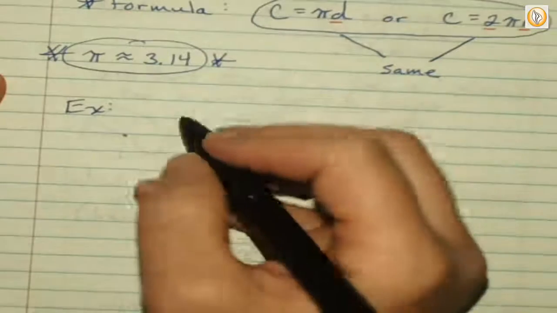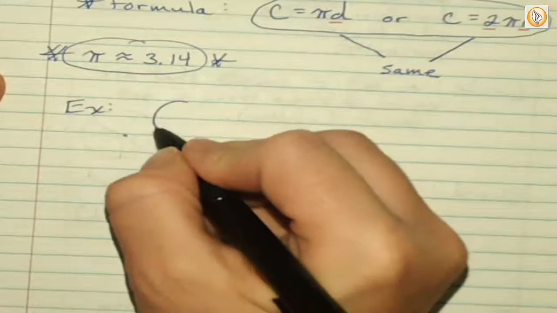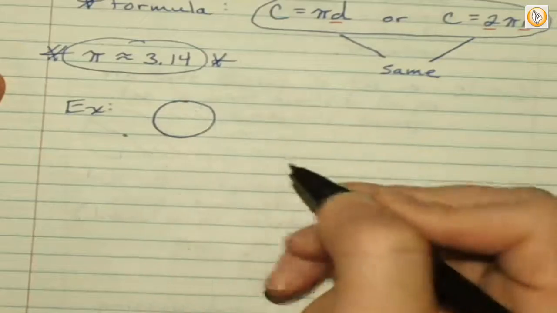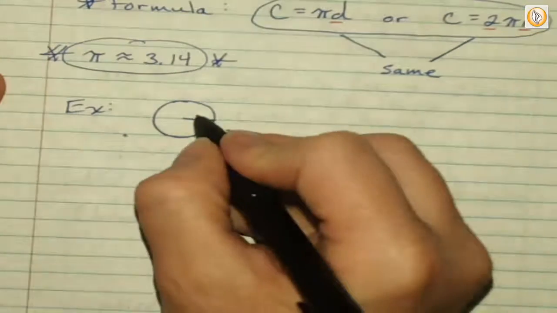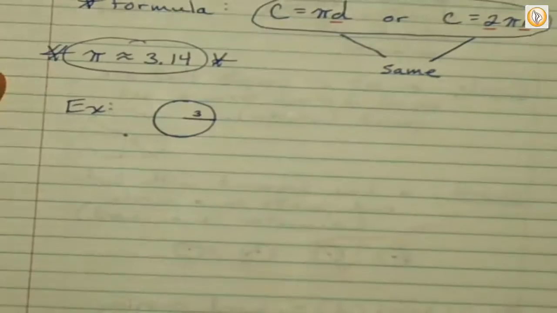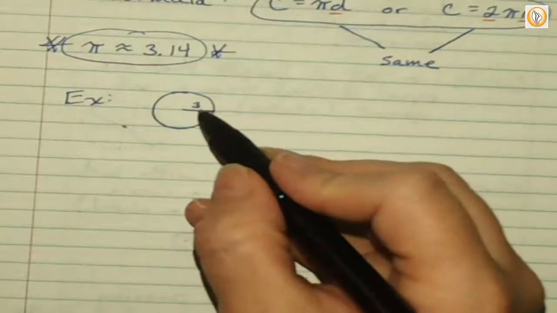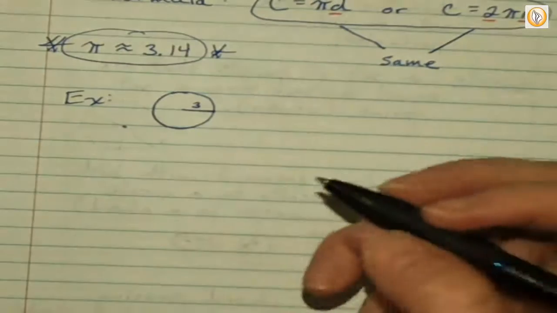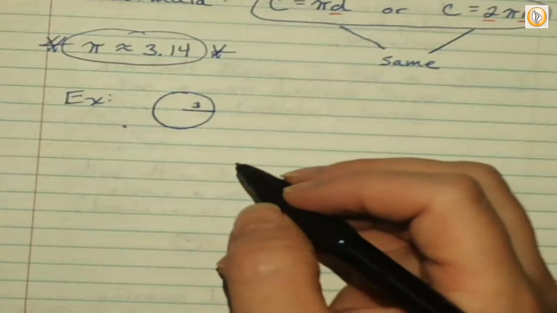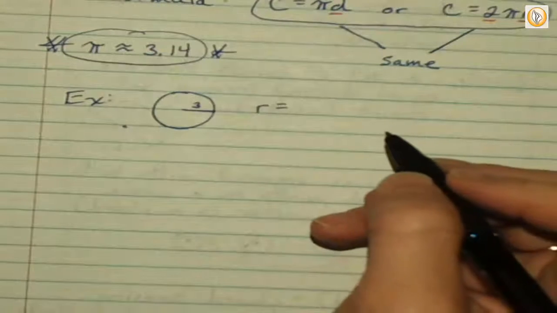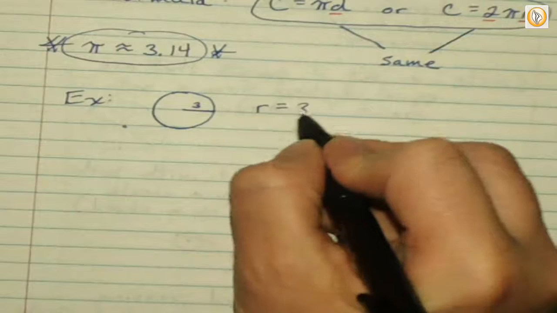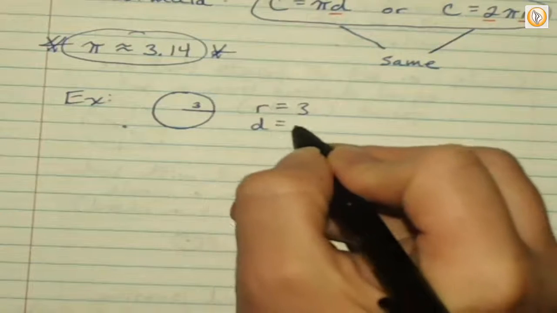Let's say here's a circle, and they gave us a radius of 3. That's a 3, by the way. So what's the radius, Emily? What's the diameter? Perfect.